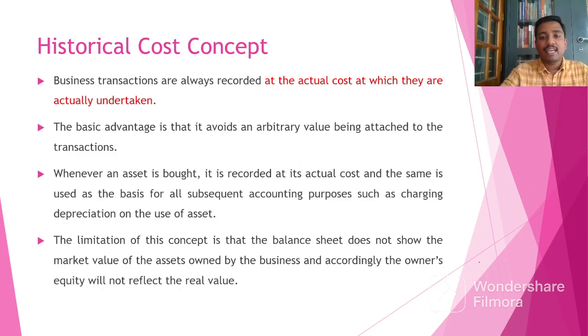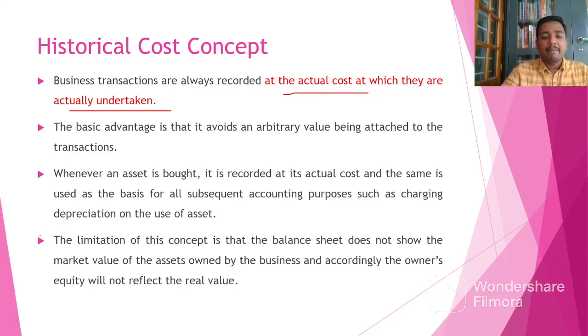On the basis of this actual cost we are charging the depreciation, and the asset values are shown in the books of account at their historical value. Historical value once again means the actual value at which the particular asset is obtained.